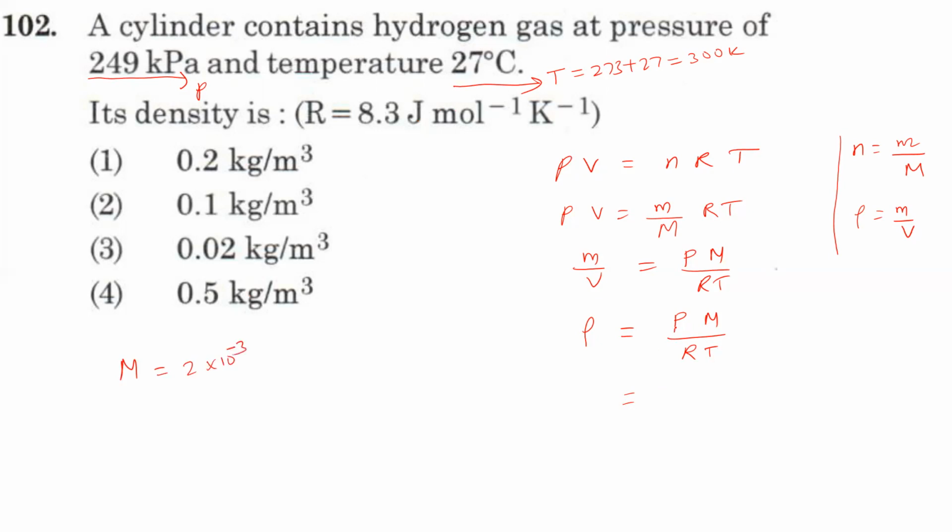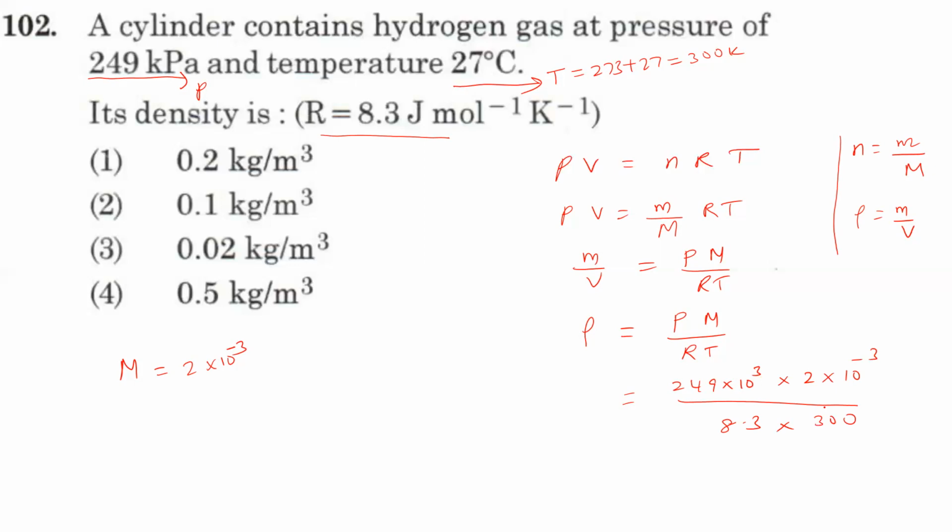So substitute: the pressure 249 into 10 power 3, converted into Pascal, the molar mass 2 into 10 power minus 3 kilogram per mole, the universal gas constant given in this question as 8.3, and the absolute temperature 300 Kelvin.